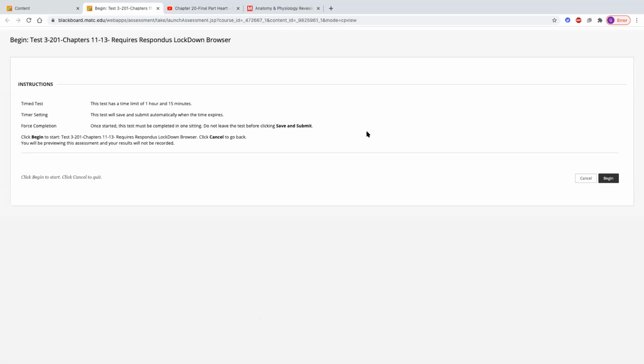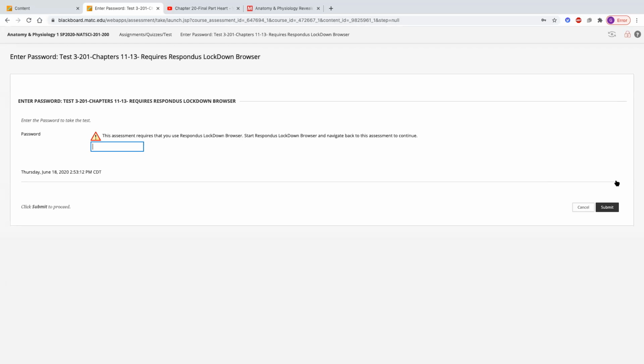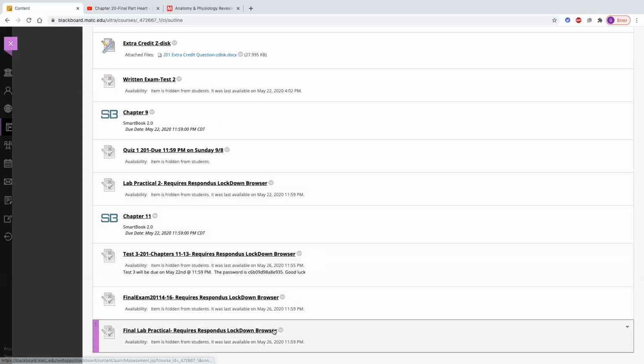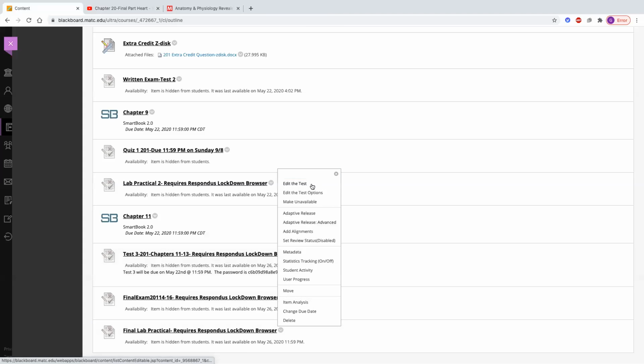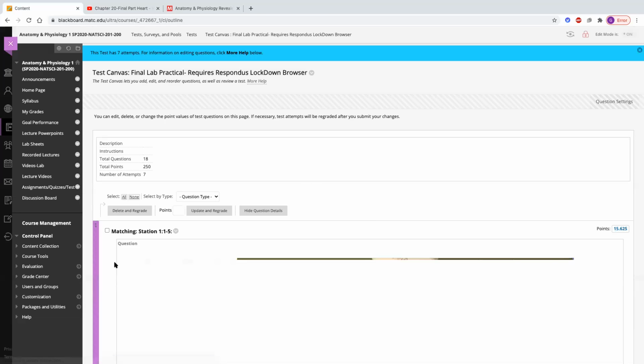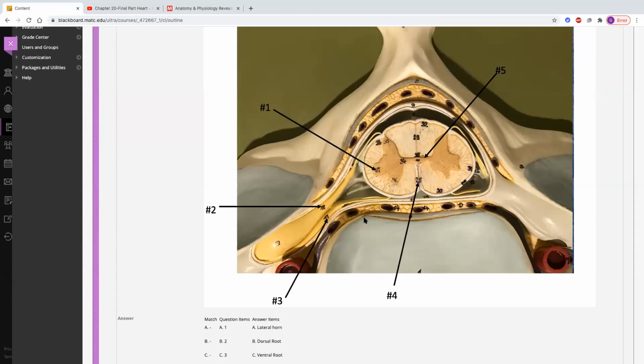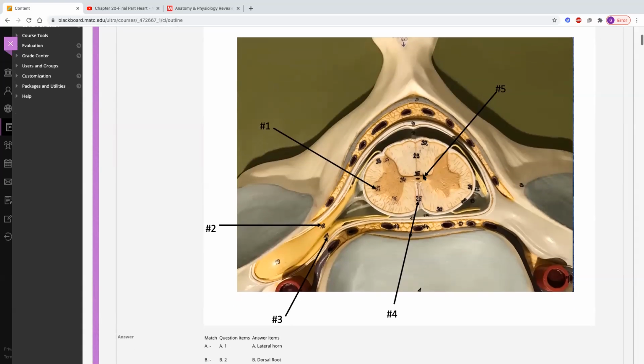Let me see if I can log in. Sorry, probably the easiest way to do it is to just edit the test. So what we're gonna do is have stations. My lab practicals have these numbered leader lines that point to it. See that?